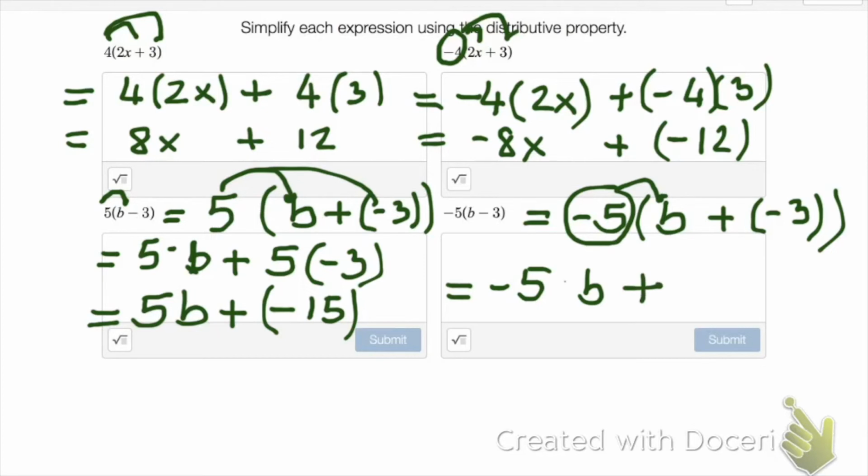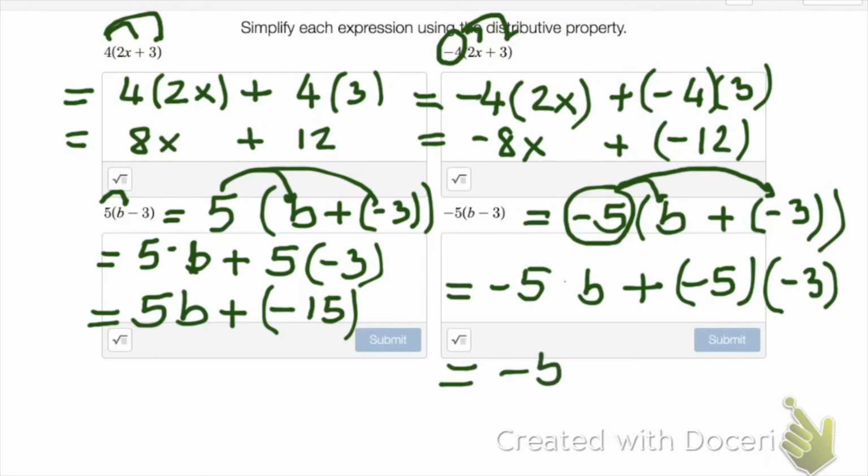Then we drop out the addition, then we take negative 5 multiplied by the second term, negative 5 times negative 3. So negative 5 times b is negative 5b. Negative 5 times negative 3, which equals positive 15, and we dropped out the addition.